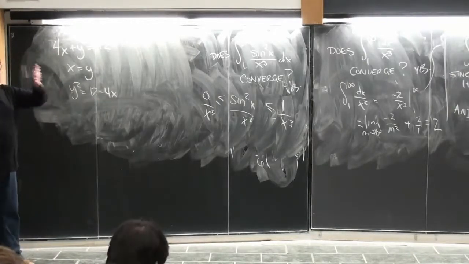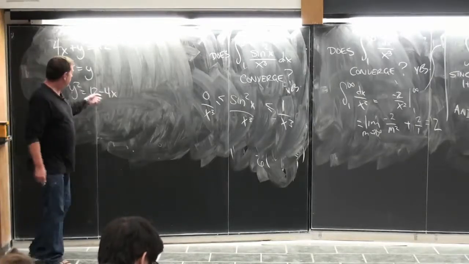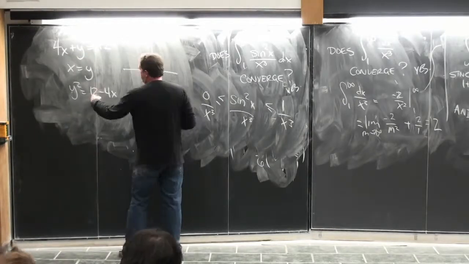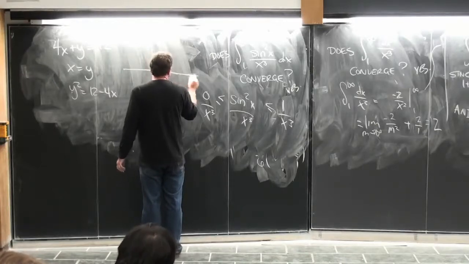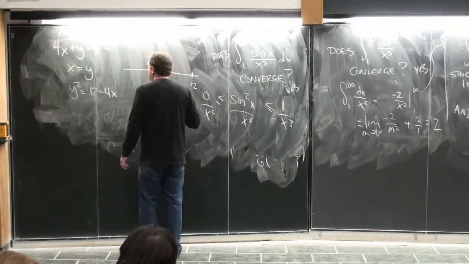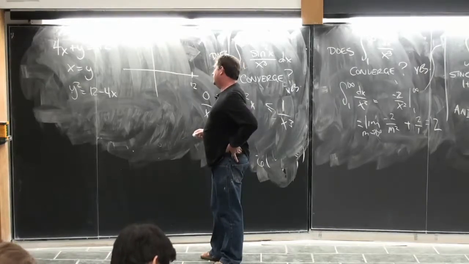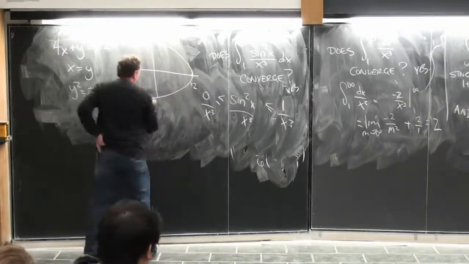This is a parabola opening this way, right? When x is 0, y is 12. It goes through here, 12, and then I get something like this.